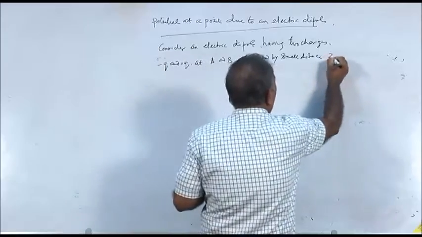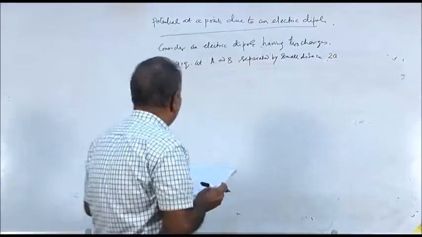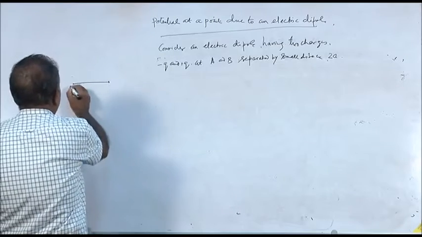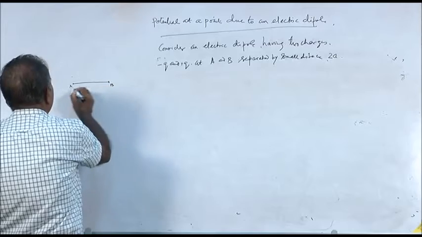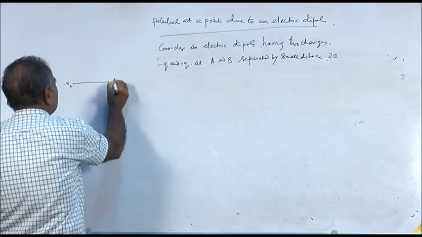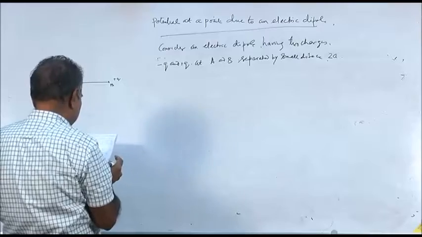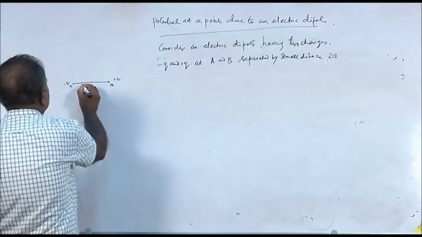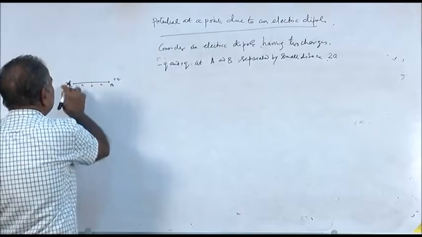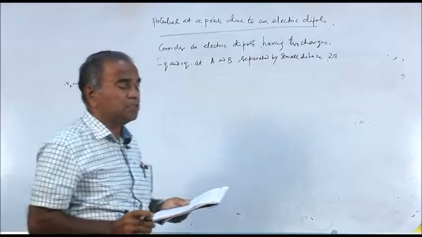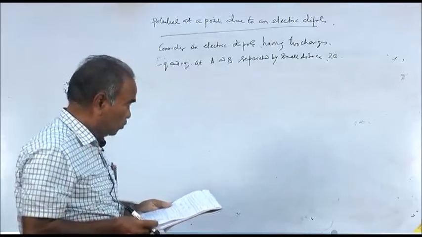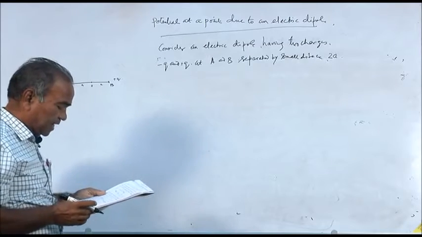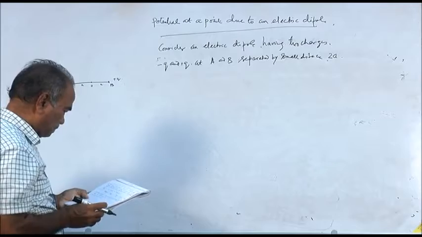So, we can draw the figure here. At A, minus q charge is placed, and at B, plus q charge is placed. We choose a midpoint O. This is your small a, because the distance of separation between them is 2a. O is the midpoint, and we want to find the potential at P, which is at a distance r from O.